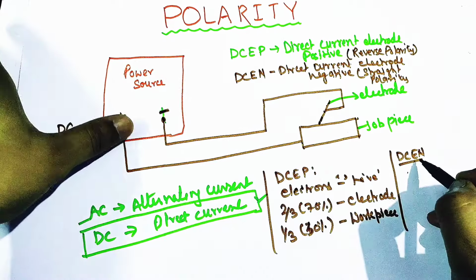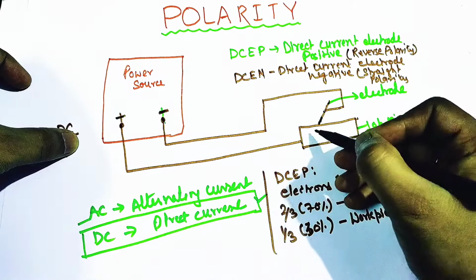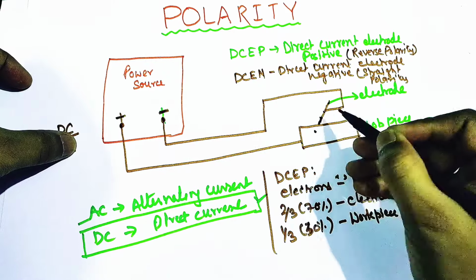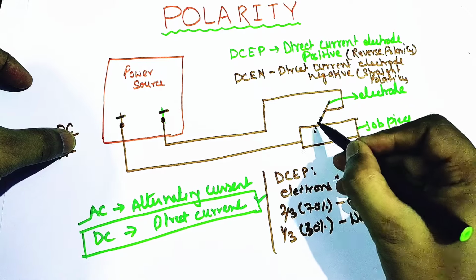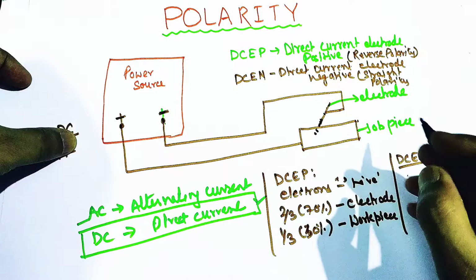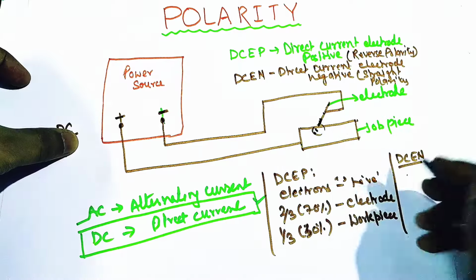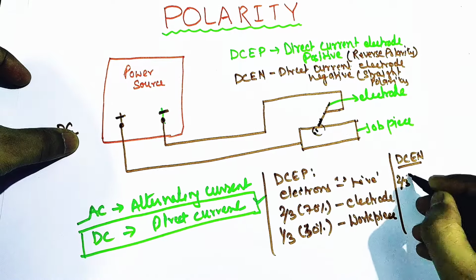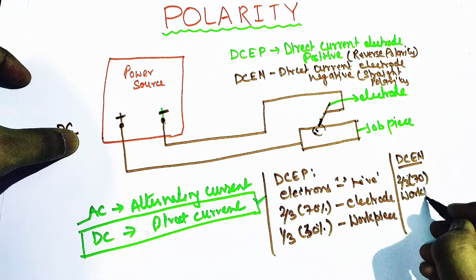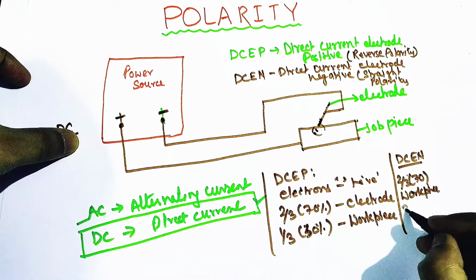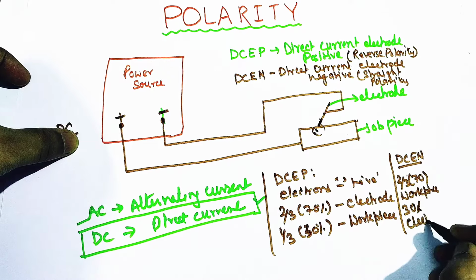Then that will be DCEN, direct current electrode negative. Now the flow of electrons will be from electrode to the job piece, and hence electrons will flow from the electrode and hit the job piece with very high kinetic energy, and hence high heat will be concentrated at the job piece and less heat at the tip of the electrode. Means 2/3 or 70% of heat will be concentrated at the workpiece and 30% or 1/3 of heat will be concentrated at the electrode.